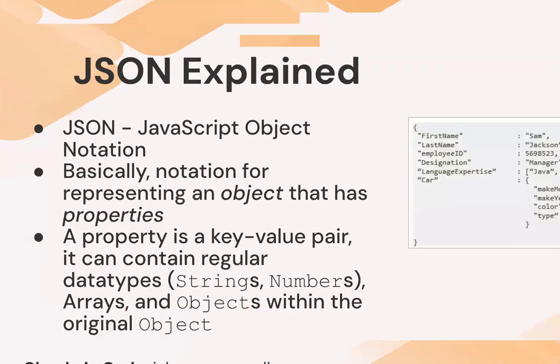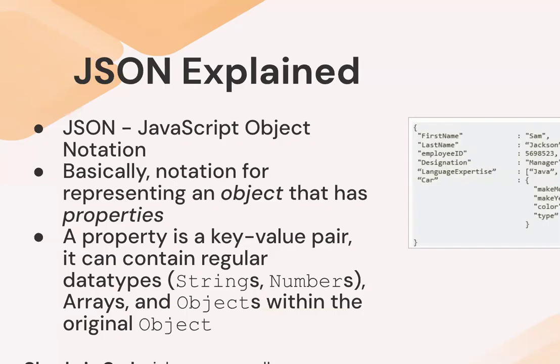As Jason explained, MongoDB BSON is not quite the same as JSON, but it mirrors its notation very similarly. So that's why we're going to be explaining this right now. Basically, it's a notation for representing an object that has properties. As you can see right here, everything inside the curly braces is considered part of that object.